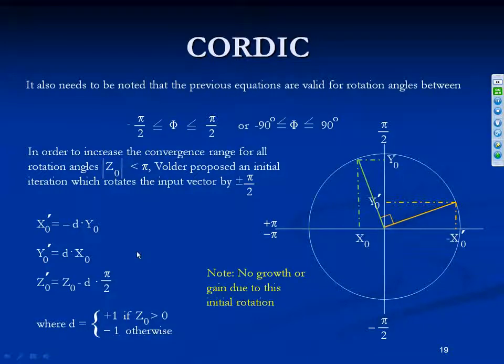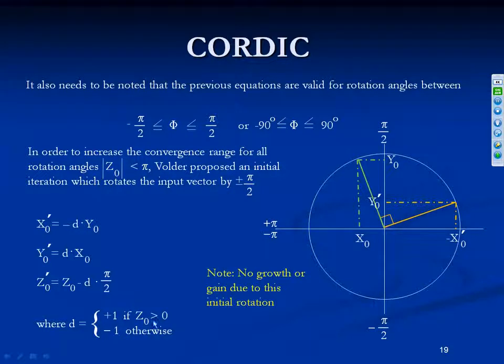It also needs to be noted that the previous equations are valid for rotation angles between minus pi over 2 and pi over 2, so from minus 180 to 180 degrees. So in order to increase the convergence range for all rotation angles where z of 0 represents our angle, where that's less than pi, so we go from 0 to pi or we go from 0 to minus pi, Boulder proposed an initial iteration which rotates the input vector by plus or minus pi over 2.